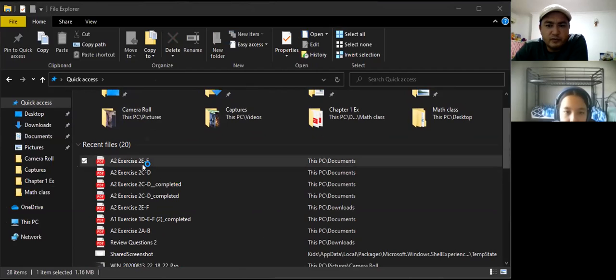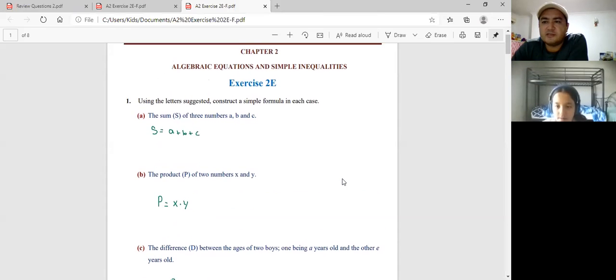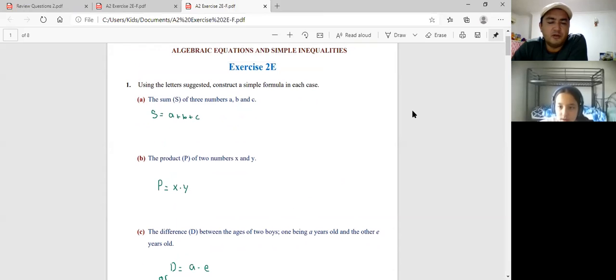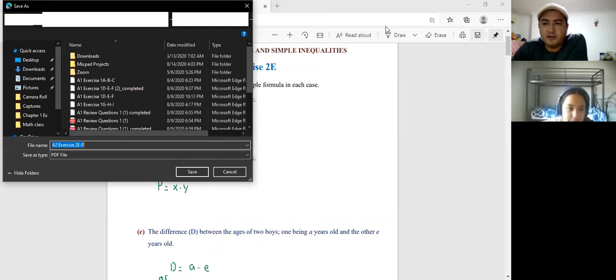Actually, you can also move this file, save it.